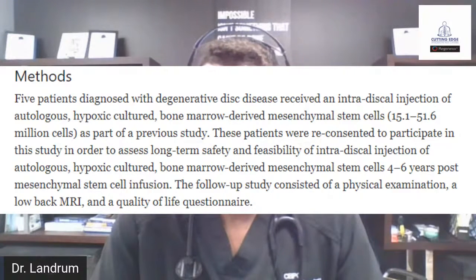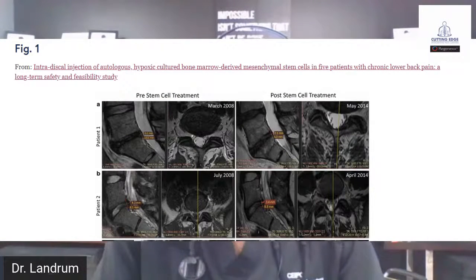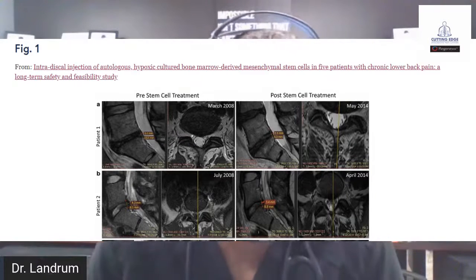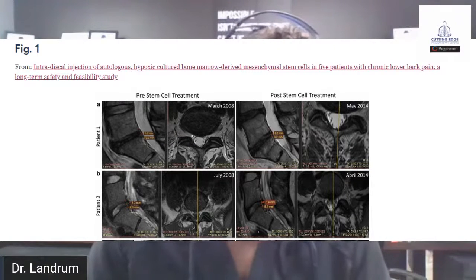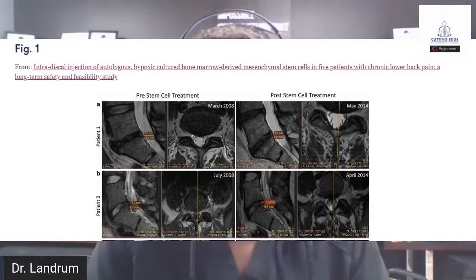And what they were able to do was to see the following: if you take a look, and this is a little smaller, so it may not be able to be viewed quite as well, is the changes in disc height, as well as improvement overall with how back pain as well as function was in place.